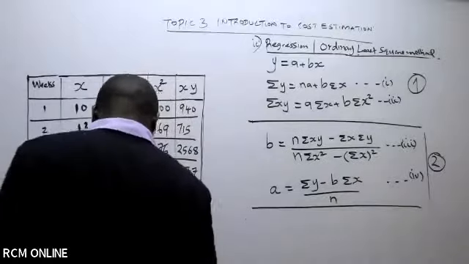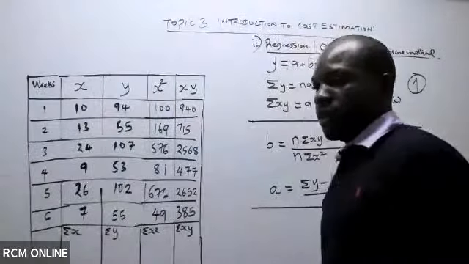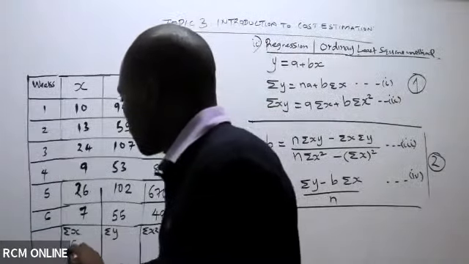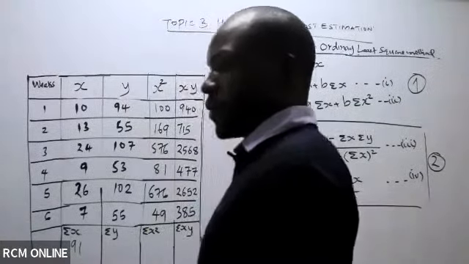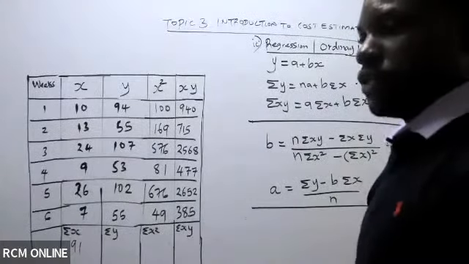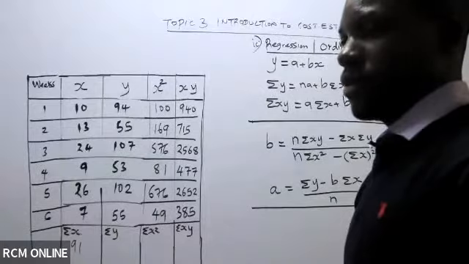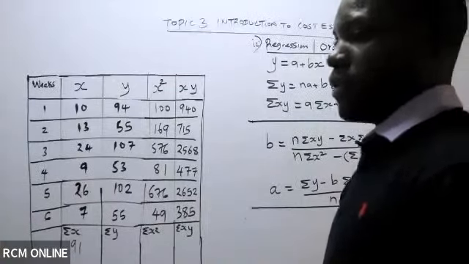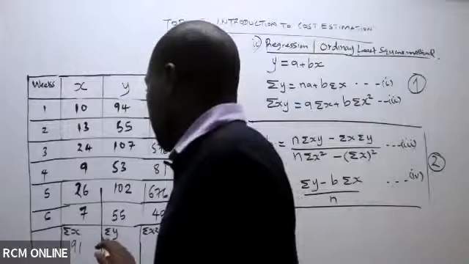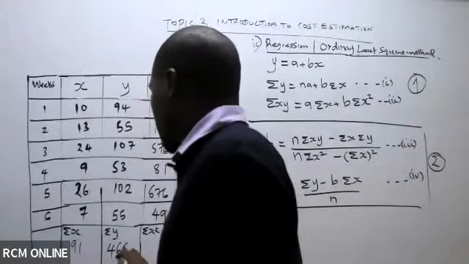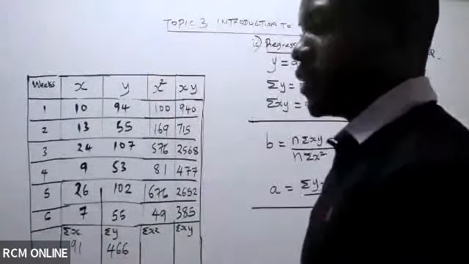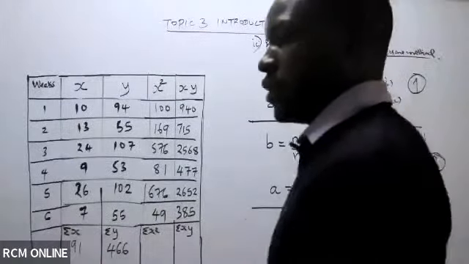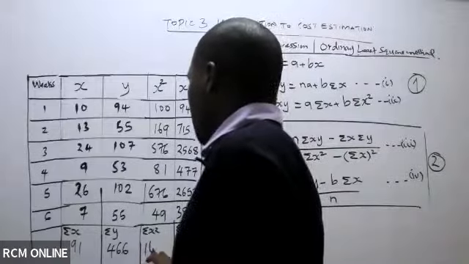Summation of x, 91. Summation of y, 466. Someone to do x squared. X squared, 1651.